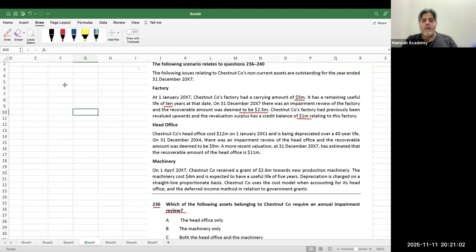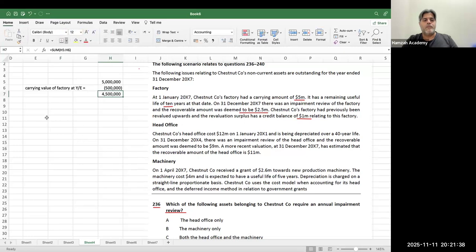So the factory. At 31st December, there was an impairment review. So first thing first, the carrying value of the factory at year end is 5 million minus depreciation, so the carrying value is 4,500,000 over here.